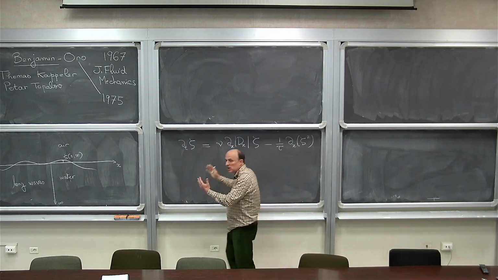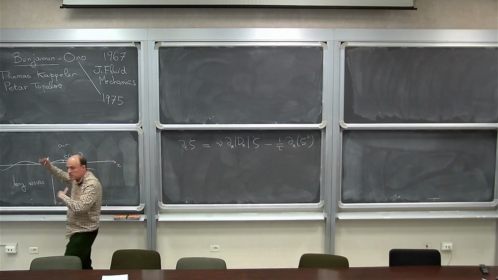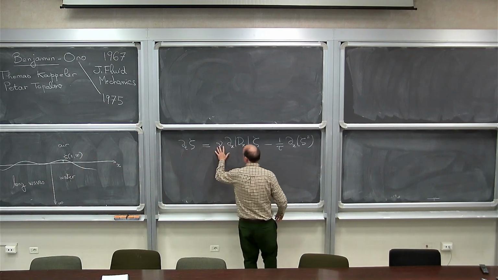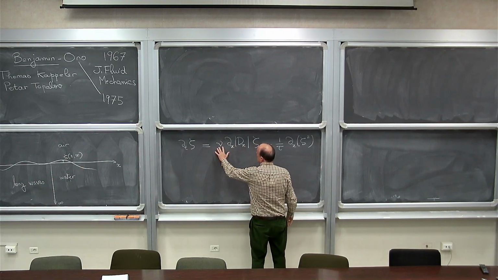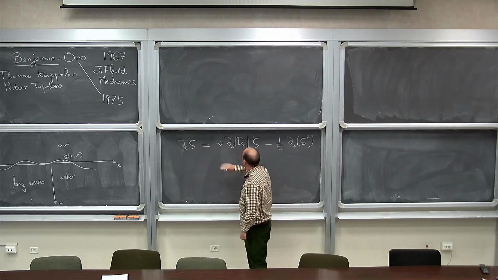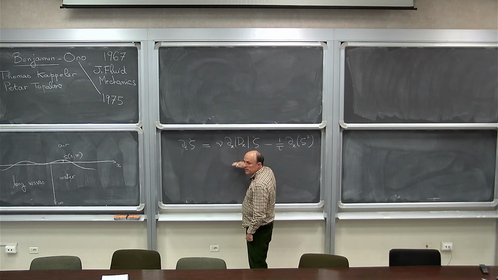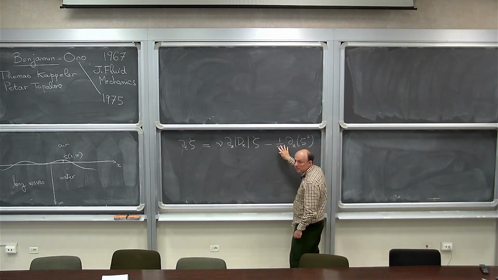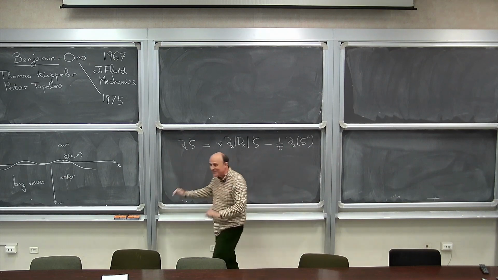So zeta is like a length, okay? It's a displacement. So nu will be like some length squared divided by time, and tau will be like a time, okay? For the moment, okay?